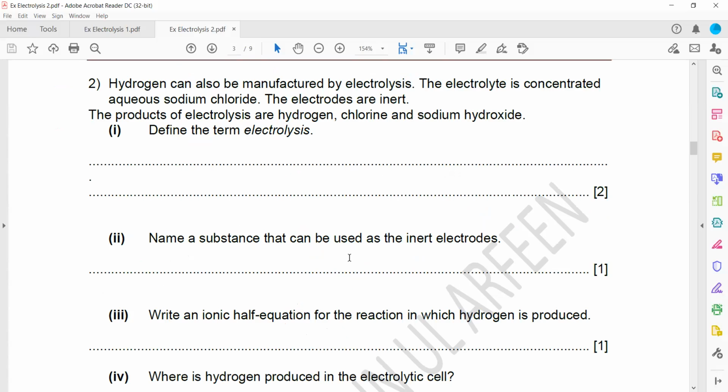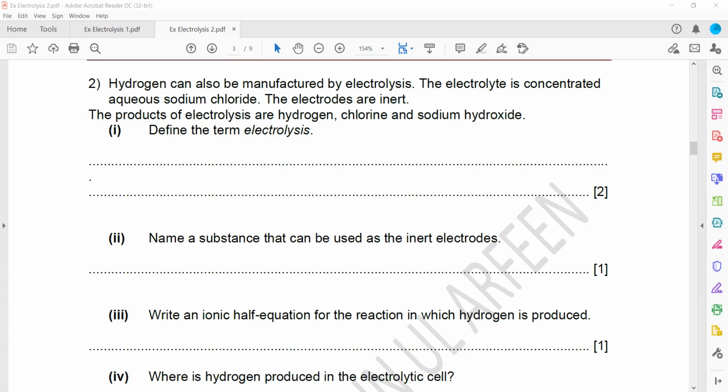First thing they're asking, define the term electrolysis, and it is of 2 marks. Today, inshallah, I will share with you all the definitions throughout the course which you have to learn or memorize. Better memorize those definitions. So what is the definition of electrolysis?